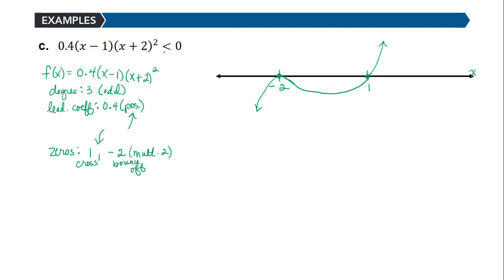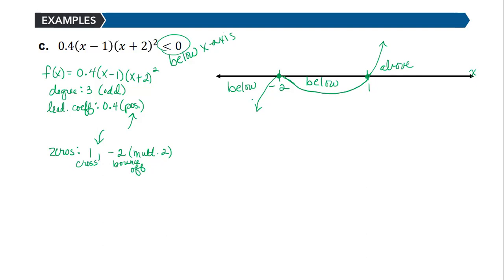So again, graphically I'm trying to find the values for which the output is negative, or where the graph is below the x-axis, and that is to the left of -2 and also between -2 and 1.